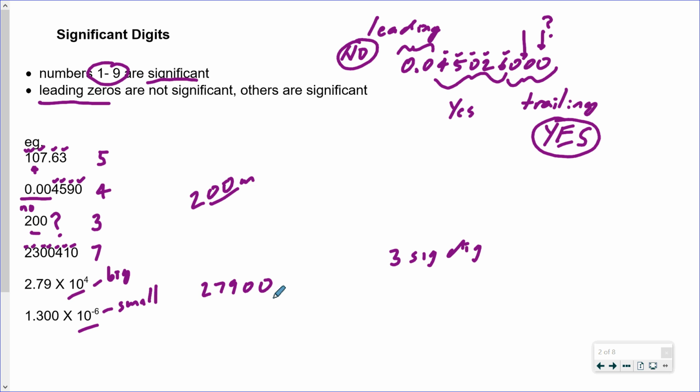So if this number has to be written with only 3 significant digits, you can't just say, well, I'll just get rid of those last 2 zeros and call it 279, because clearly 279 and 27,900 are not the same. So how do we write this number here with 3 significant digits?